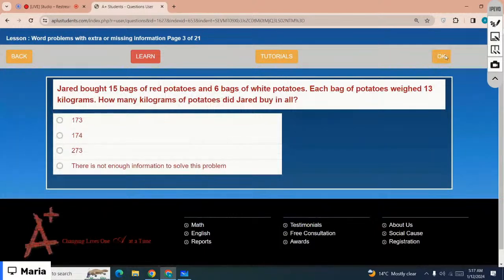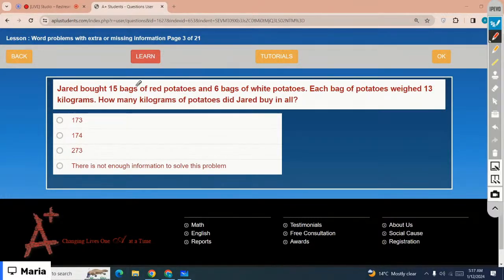Okay, Jared bought 15 bags of red potatoes and 6 bags of white potatoes. Each bag of potatoes weighed 13 kilograms. How many kilograms of potatoes did Jared buy in all? Right? Okay, so the total potatoes he bought is 15 bags of red potatoes and 6 bags of white.